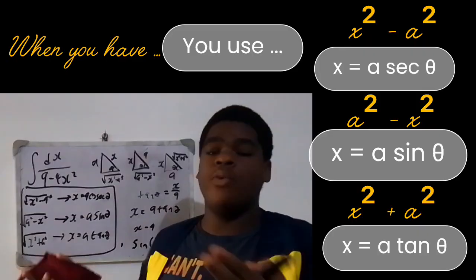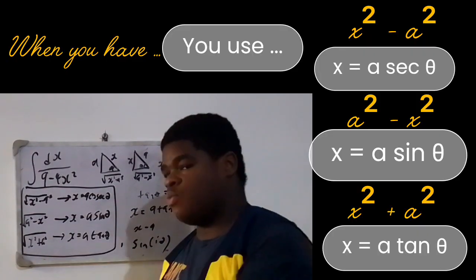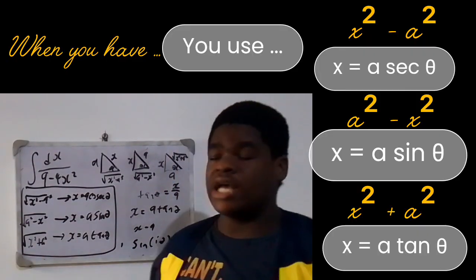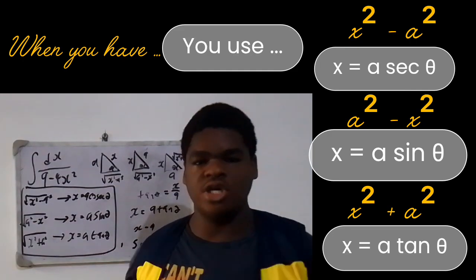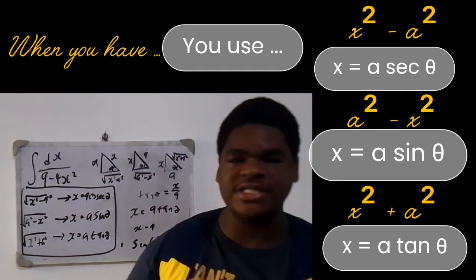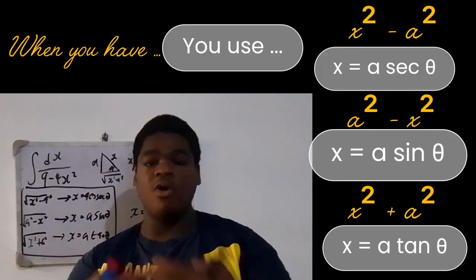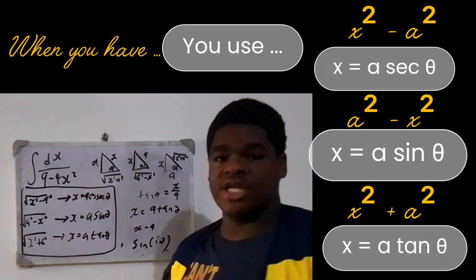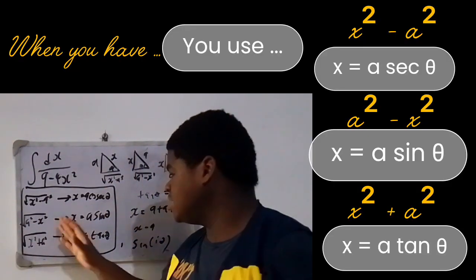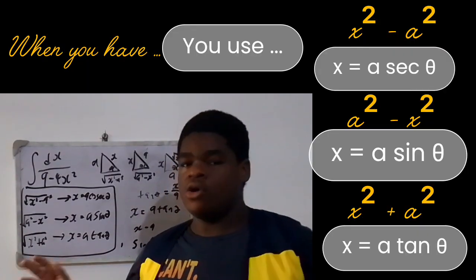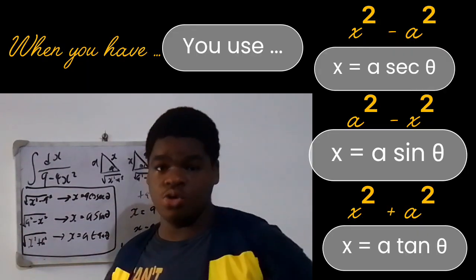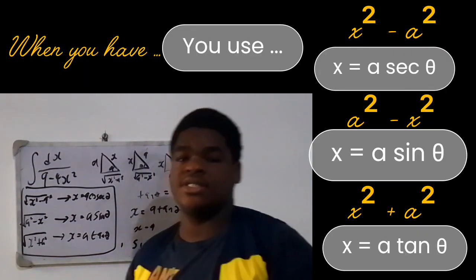It's not that other ways are impossible. Other ways are still possible, but this is the easiest way. If they start telling you to do this way, manipulate it, use hyperbolic sine, use imaginary numbers, it makes the work complex, and some of us don't want to learn it. That's why some teachers just teach you these easy ones and move ahead. So I will show you the reason why we use these functions.